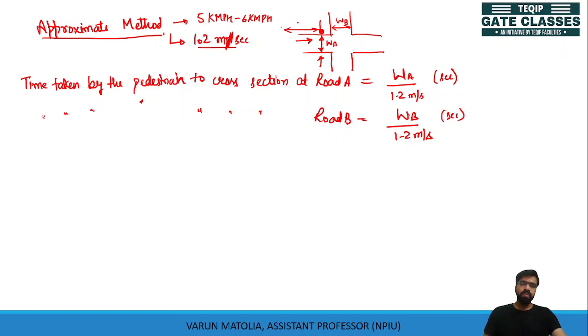So we provide 7 seconds of time to reach the cross section, and then the time which is calculated here to cross the cross section.